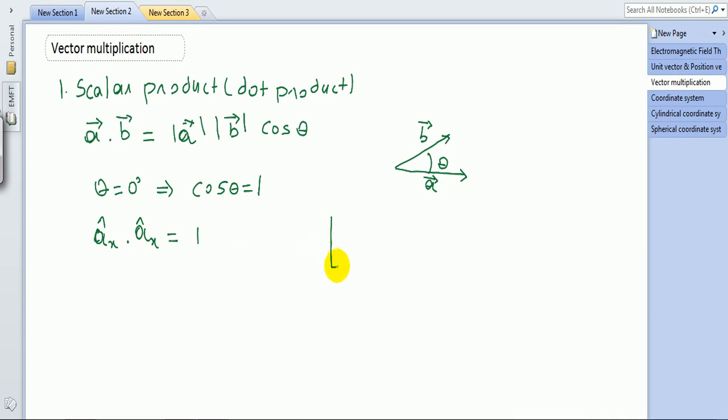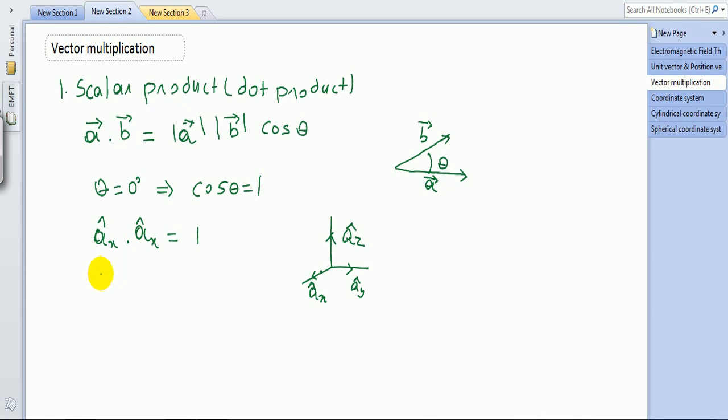If I make a coordinate axis, this is ax cap, this is ay cap, and this is az cap. As you can see, ax cap is in the same direction, and we will get 1.